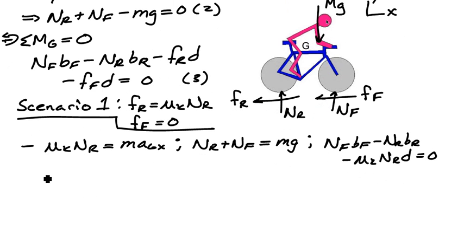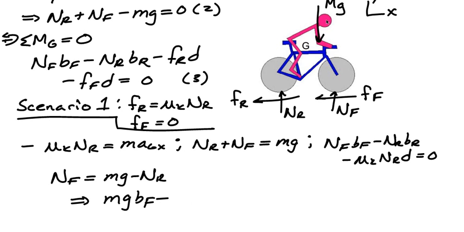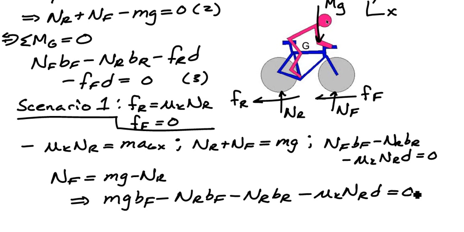I'm going to start by saying that NF is going to equal mg minus NR. If I substitute that into the moment equation, I'm going to have mg times bf minus NR times bf minus NR times br minus mu k times NR times d is going to equal 0.